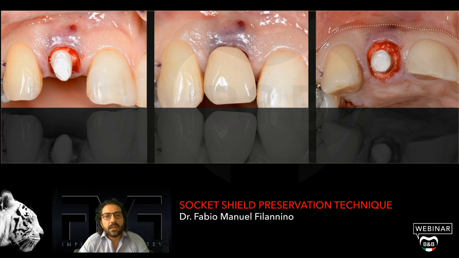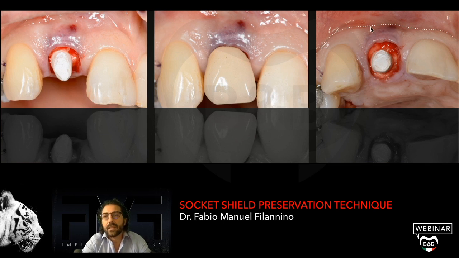Then I used a temporary peek abutment and some Teflon inside of the gap to avoid the migration of the resin inside of the gap, and I used the original ceramic crown rebased with resin to keep the same aesthetic for the patient during the healing period, and this is right after the surgery.